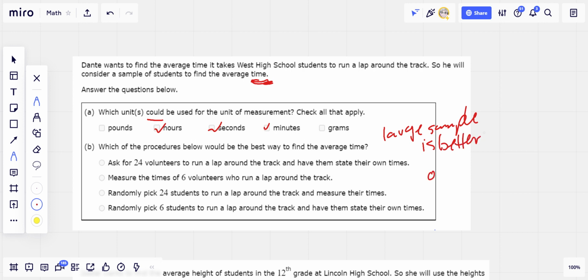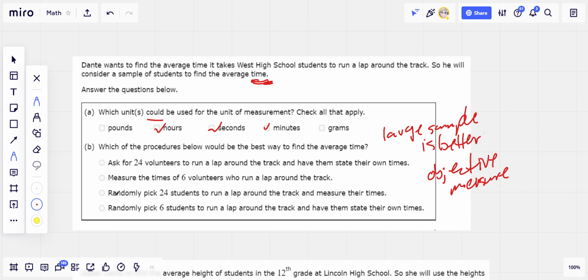And then you want objective measurements. So you might get choices where people are reporting their own times. And it would be better, if possible, to have somebody else measure everybody's time rather than relying on the people involved. Because who knows, maybe they want to come off better or faster than they really are. So we'd want to avoid that source of error.